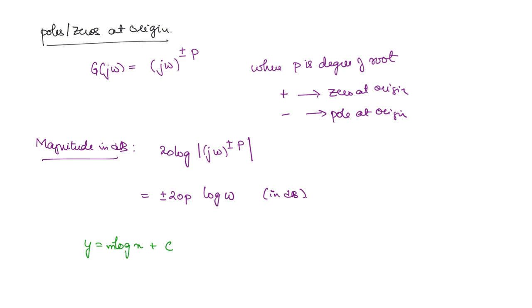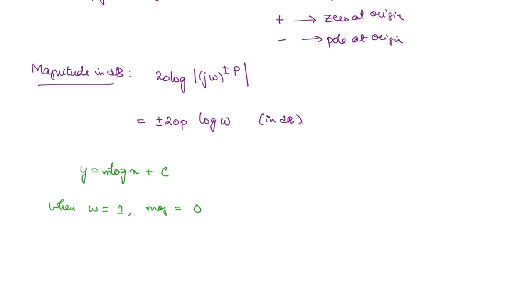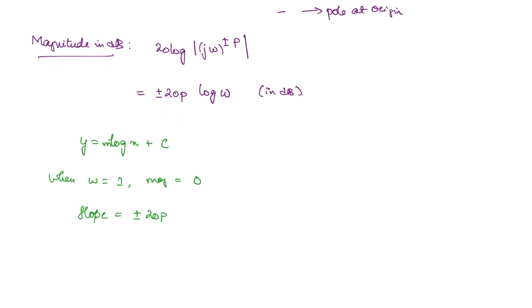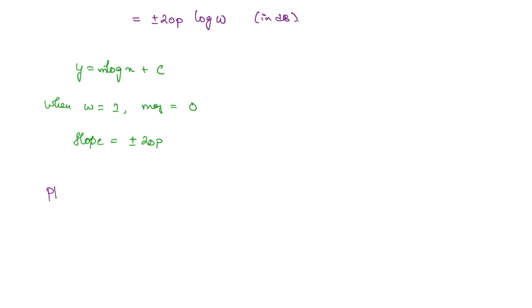So when omega is equal to 1, the magnitude is equal to 0. And what about the slope of the line? Here m is equal to plus or minus 20p, so the slope is plus or minus 20p dB per decade. Next, what about the phase?